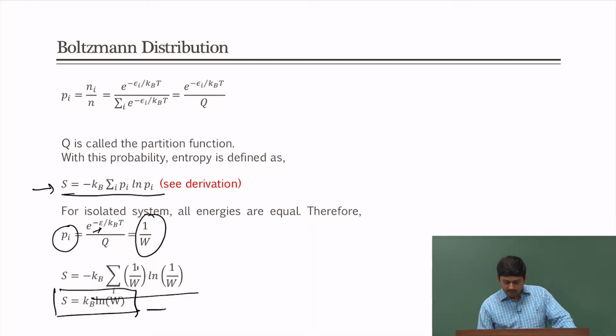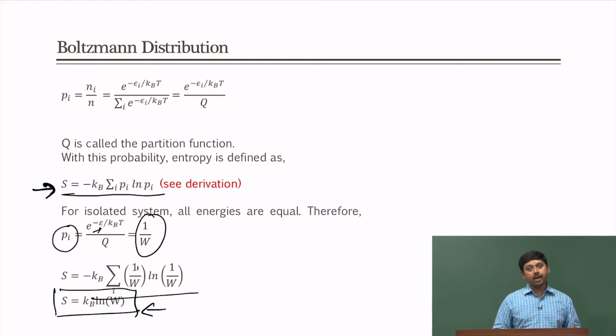So, how did it all start? We started with k_B ln W, then we said W is N factorial by n_1 factorial, n_2 factorial and all that for distinguishable particles, and from there we got back the Boltzmann statistics, and from there again we got back W when all the microstates are equal.